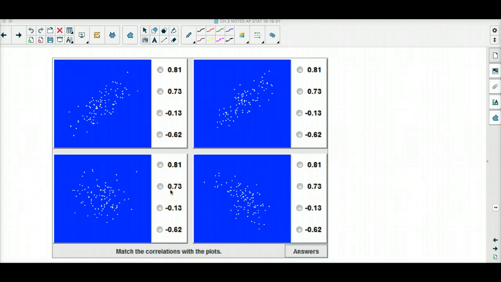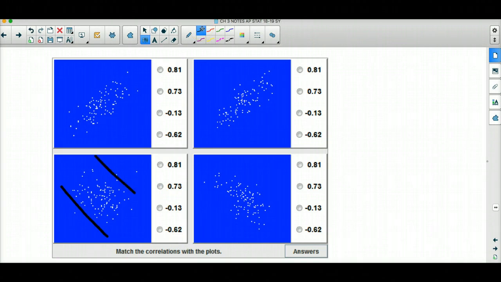This one is kind of hard to tell that it's negative, but it is definitely negative. It makes a narrower band if I call it negative than if I tried to say it was positive. See how wide that band would have to be? So it's definitely negative. But what do you know about it?